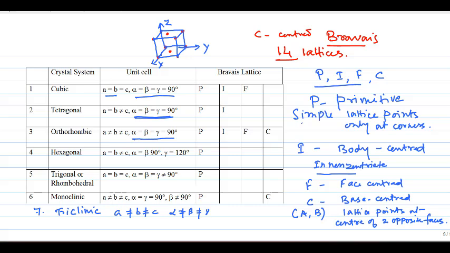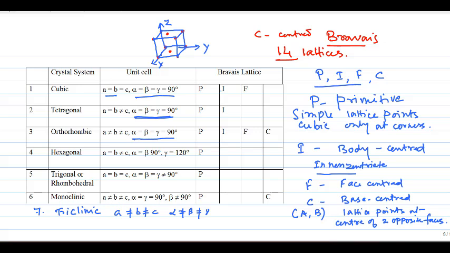So simple cubic and primitive cubic are synonymous. Then we also have body centered cubic, BCC as we call it, and face centered cubic or FCC. So in the cubic system we have 3 Bravais lattices.